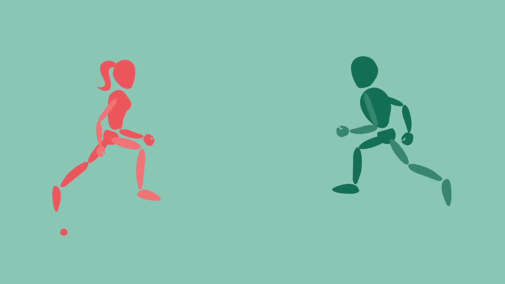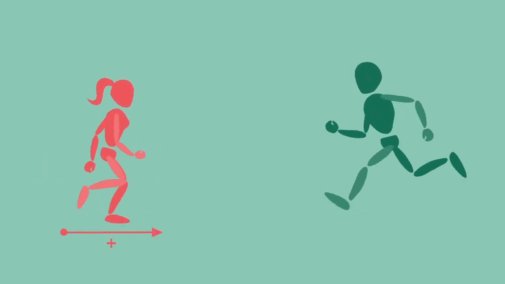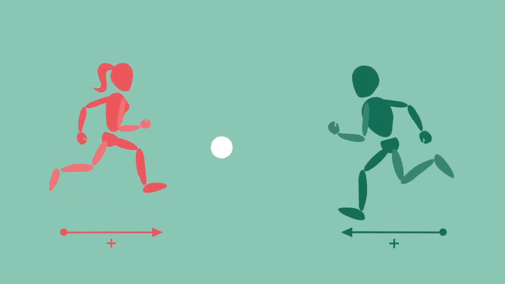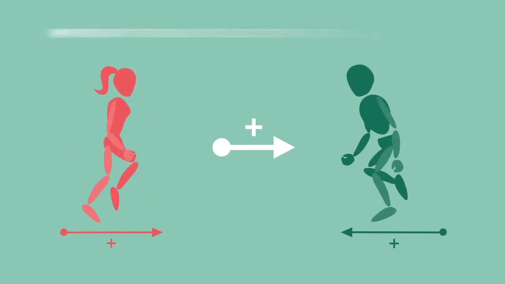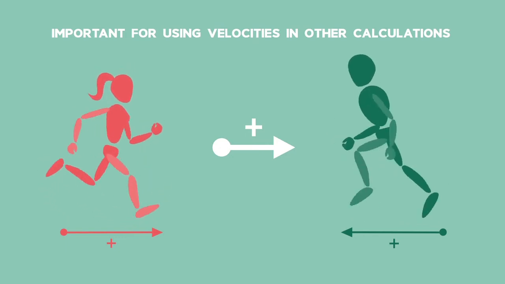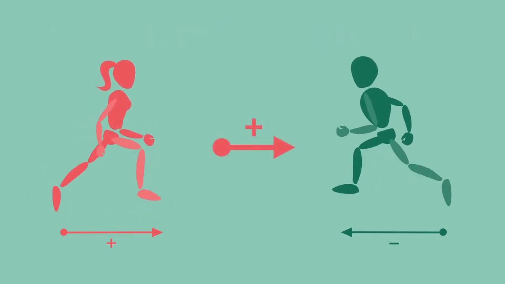What about these two people running in the opposite direction towards each other? How do we indicate their velocities as vectors? It's really important that we use the same positive direction for both of the people in the example. This matters a lot when we start to use the velocities in other calculations. So let's take the original direction of the girl in the picture as a positive direction.